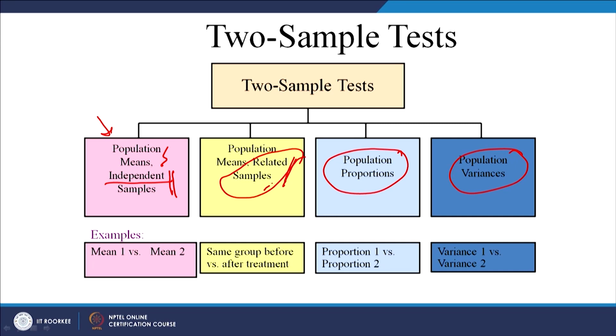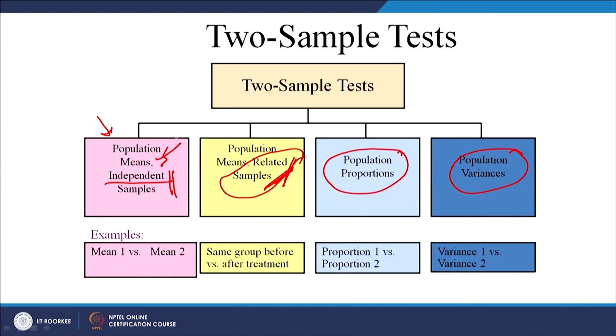They are also called paired samples, right. So, basically we are looking at broadly three categories: population means, proportions and variances. But when we look at population means, we can have independent samples or dependent samples, right.